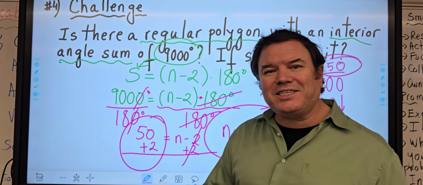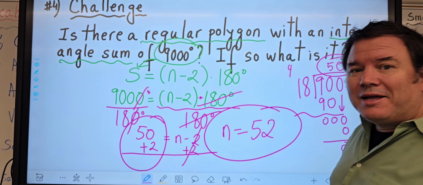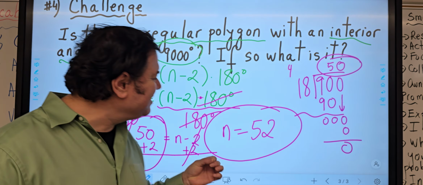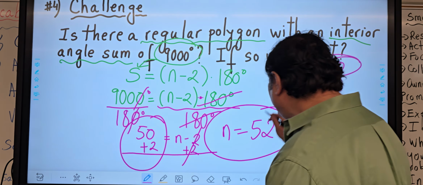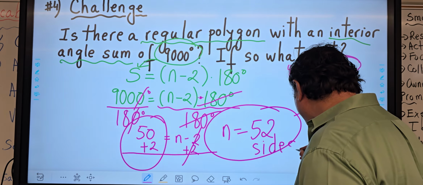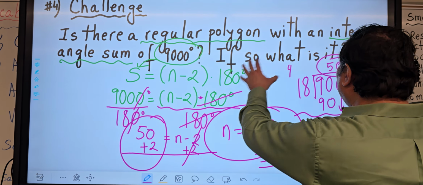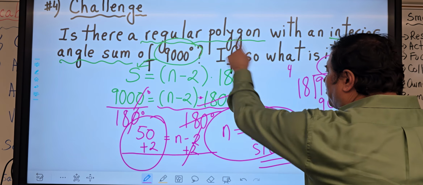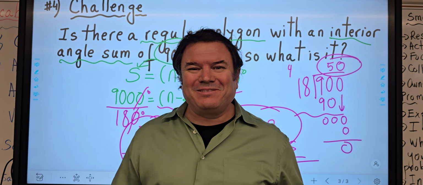So in this case, we have a polygon that has how many sides? 52 sides. A polygon with 52 sides. And that's our answer. We're going to have a polygon with 52 sides. If so, what is it? It's a polygon that has 52 sides.